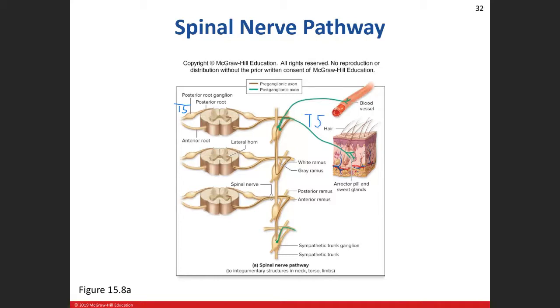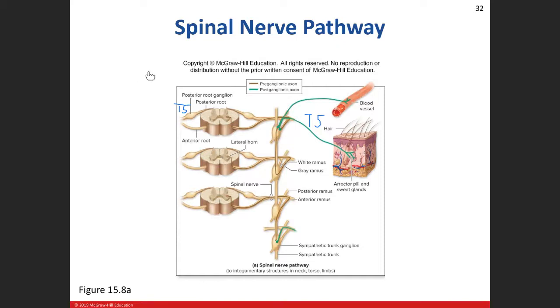That's one option. The preganglionic neuron can enter into the sympathetic trunk, all right? Not synapse on anything. It can go up 1 level, 2 levels, 3 levels, 4 levels, whatever. Okay? So it can ascend and go up and then synapse.